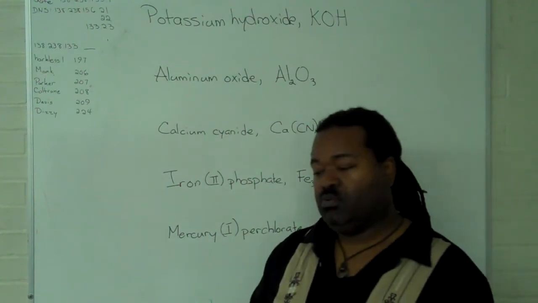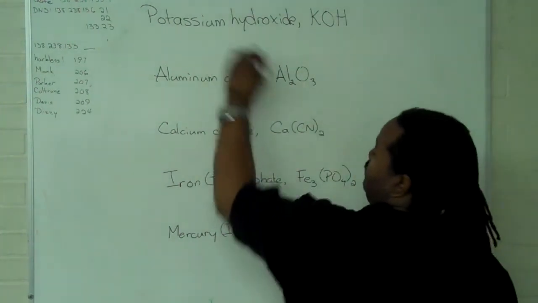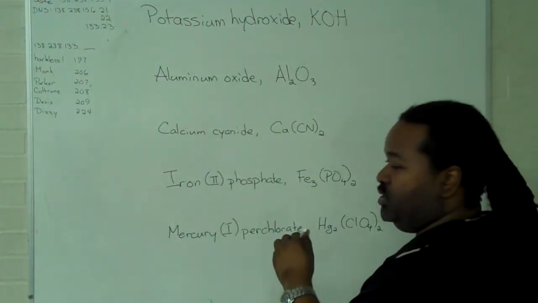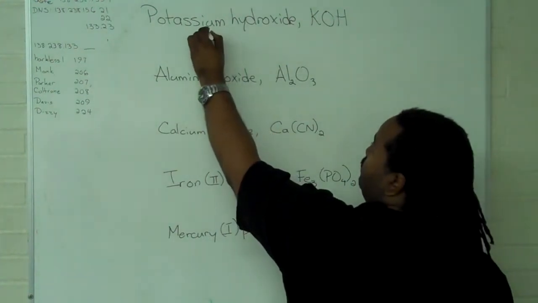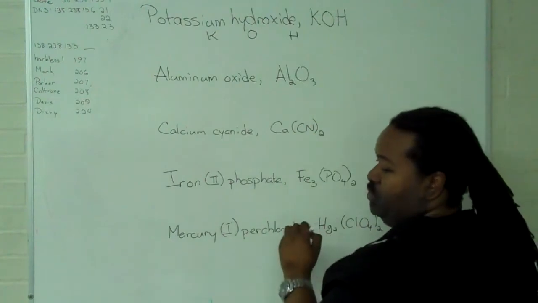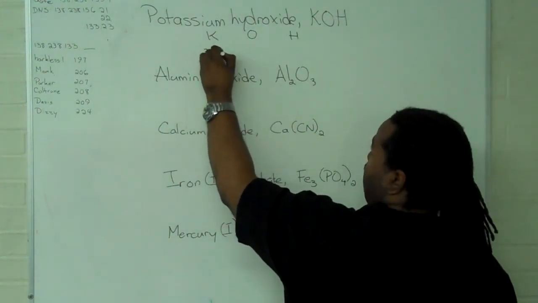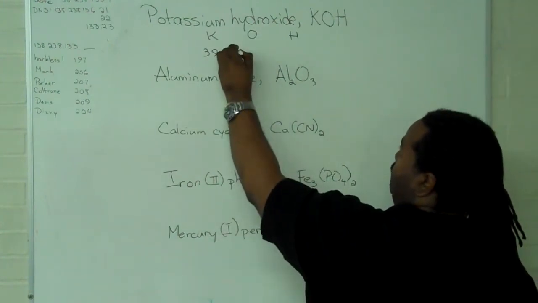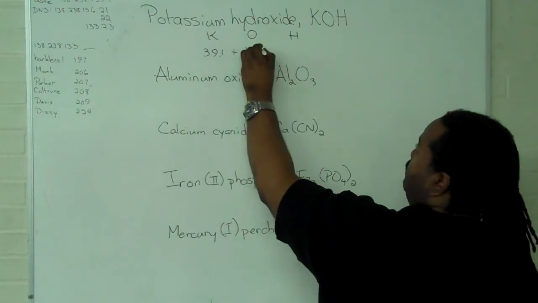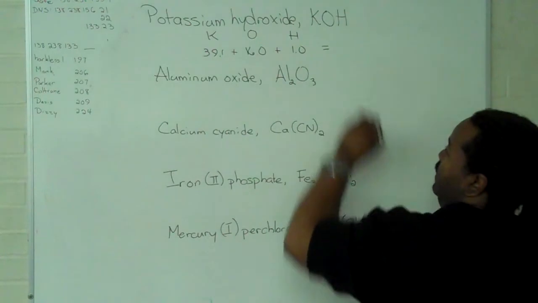So starting with a formula, it's straightforward to write out how much we're going to get in contribution to the molecular weight from each of the elements. So for potassium hydroxide, we can look to a periodic chart and to one decimal place determine that we'll have 39.1 grams per mole from the potassium, 16.0 grams per mole from the oxygen, and 1.0 grams per mole from the hydrogen.